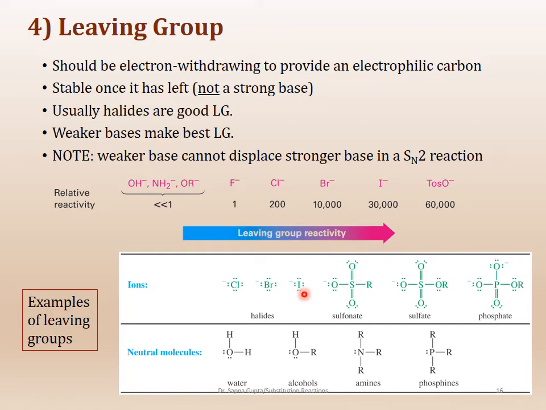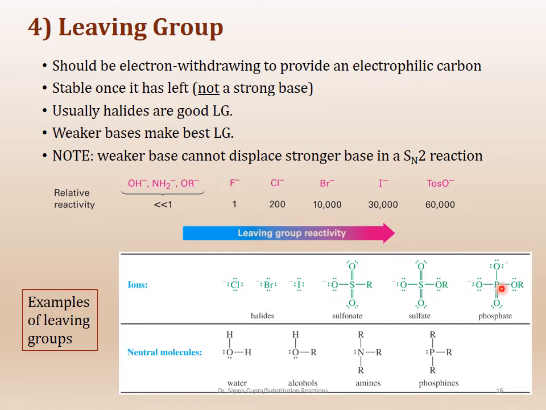HI is a very strong acid, if you remember from the acid-base chapter. So if it's a strong acid, then its conjugate base must be a weak base, and if it's a weak base, then it's a good leaving group. On the other hand, iodide is also a very good nucleophile because it's so huge and it's negatively charged. So this was the controversy that I was mentioning about iodide.